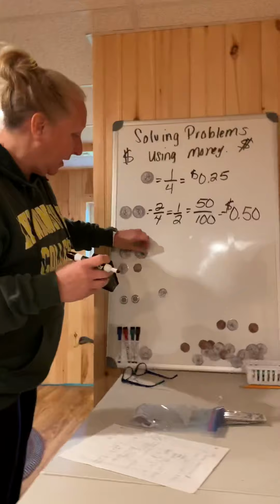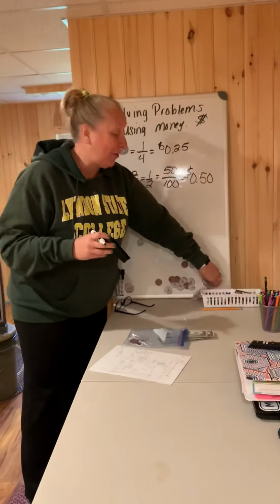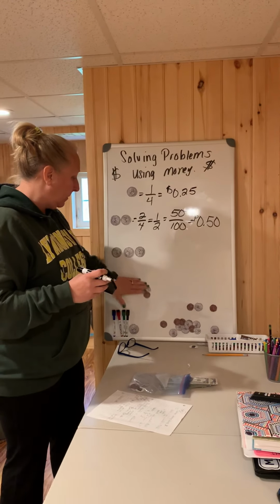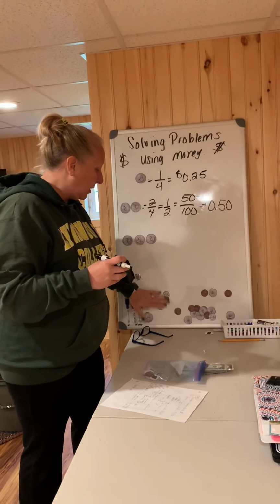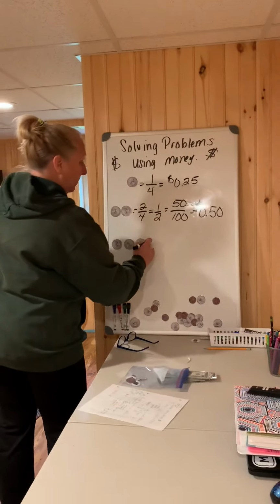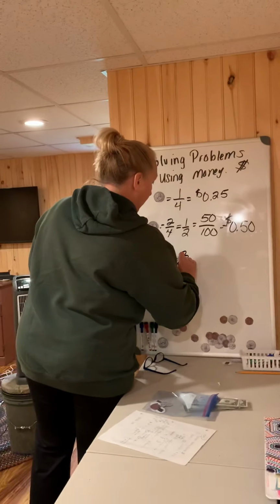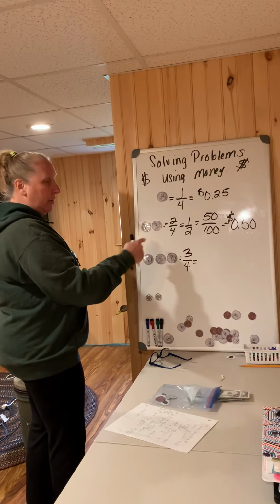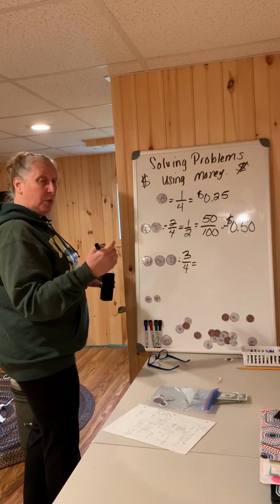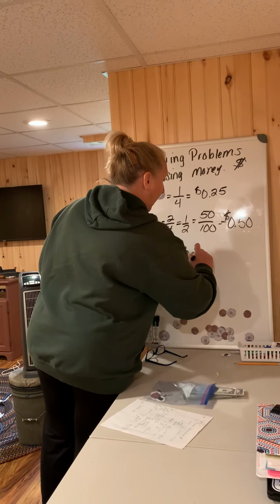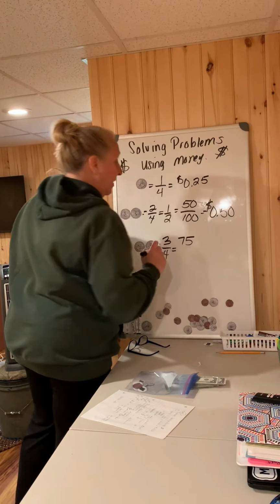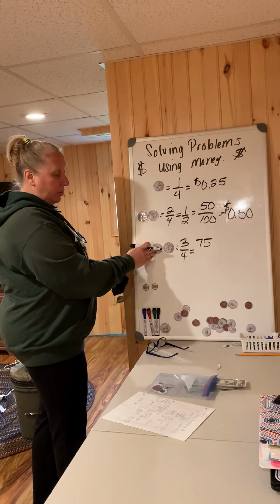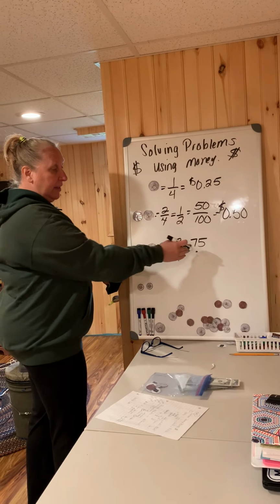And now I'm moving on to my 3/4. That rings a bell. We worked a lot with that fraction. So how much is 3/4 worth? You're right, 75 cents. 75 out of 100. So that's 25 plus 25 plus 25.